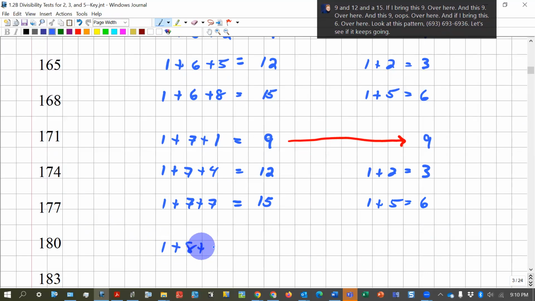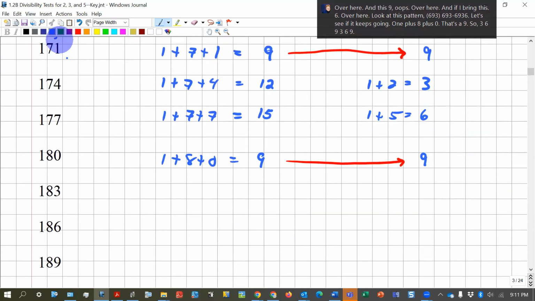1 plus 8 plus 0, that's a 9. So 3, 6, 9, 3, 6, 9. 1 plus 8 plus 3 is 12.